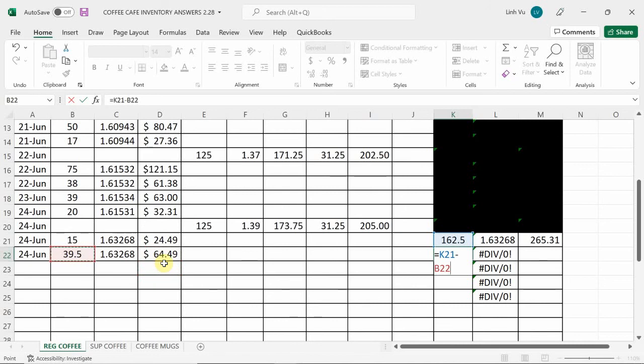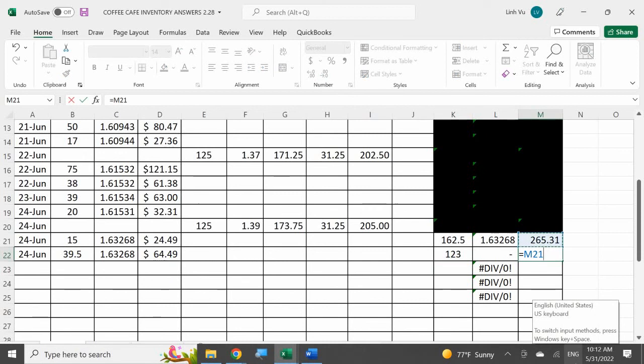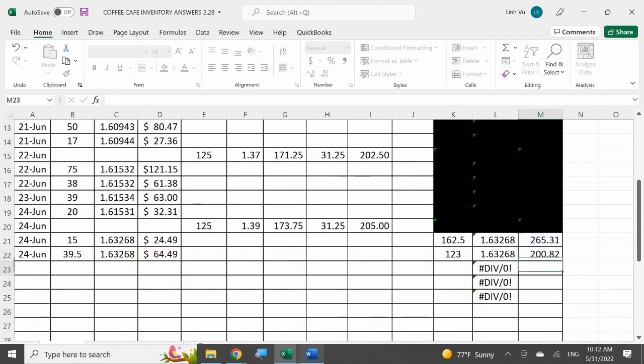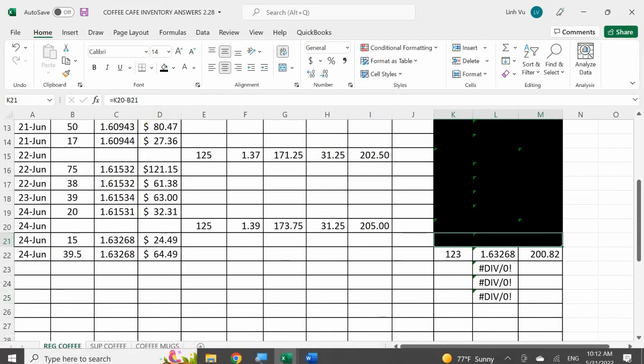So 162.5 minus 39.5 gives me a total of 123 pounds. Okay. 265.31 minus 64.49 should give you $200.82. So again, the average cost per item still has not changed. So that's good. Okay, so at least we know that we sold $64.49.